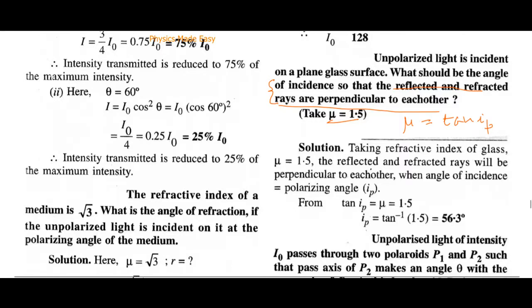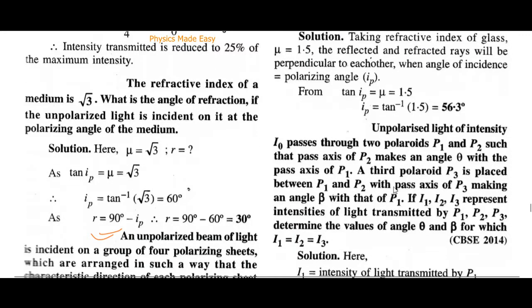And the next is: unpolarized light of intensity I naught passes through two polaroids P1 and P2 such that axis of P2 makes an angle theta with axis of P1. A third polaroid P3 is placed between P1 and P2 with pass axis of P3 making an angle beta with P1.